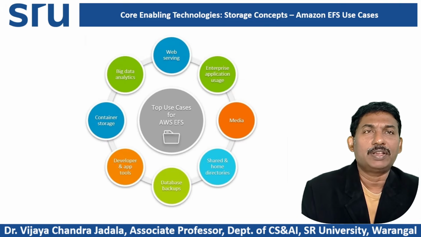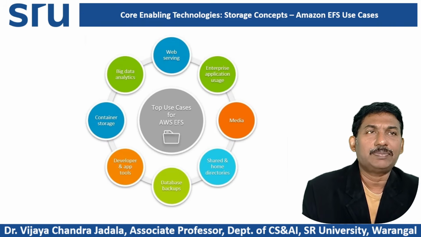Elastic File System is ideal for providing persistent shared access to a common file repository for containers running on Amazon ECS, Amazon EKS and AWS Fargate. The EFS Container Storage Interface CSI driver simplifies managing EFS file systems for Kubernetes clusters.